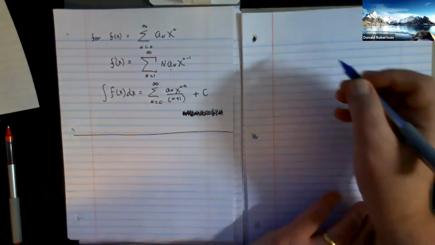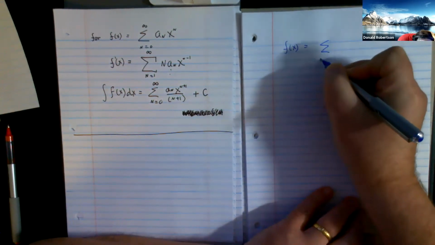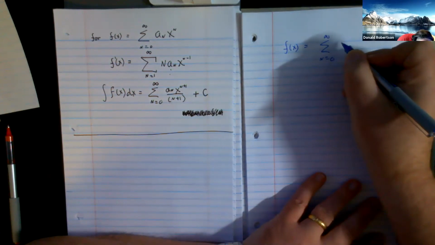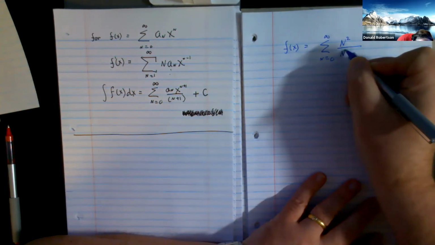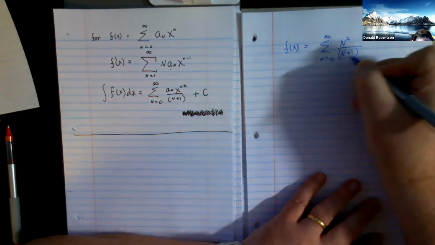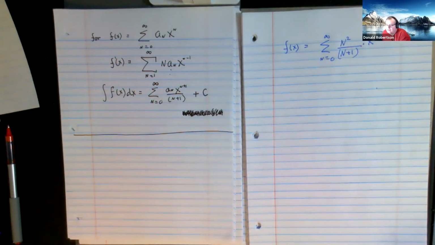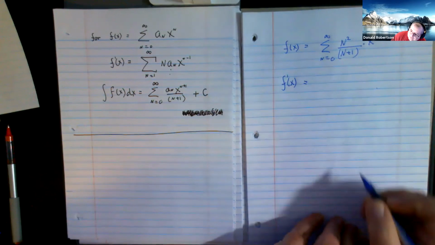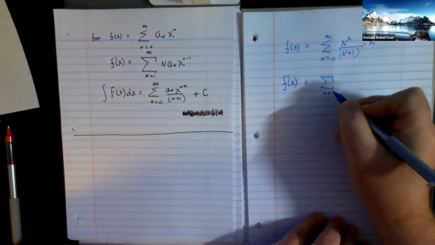So let's suppose I tell you I have a power series, the sum from n equals 0 to infinity of n squared over n plus 1, x to the n, right? I got a power series, and that's what the guy looked like. And I would like to know a power series for its derivative. Well, before I do anything, I remember to start at 1, right?